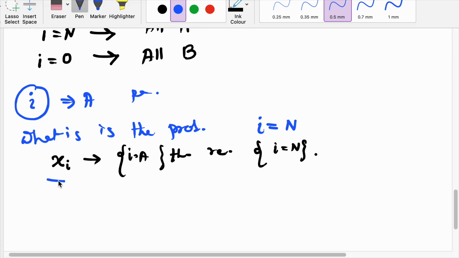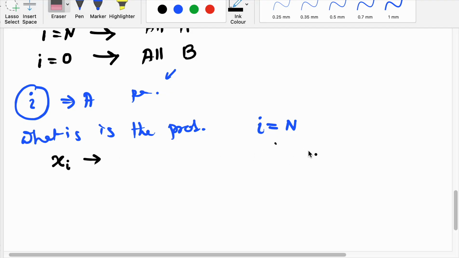Absorbing state means that all the individuals in the population become A type only. There are no Bs. And similarly, another absorbing state is that all B type individuals are there. There is no A. So if xi is the probability of being absorbed in the all A state, what will be the probability of being absorbed in the B state?